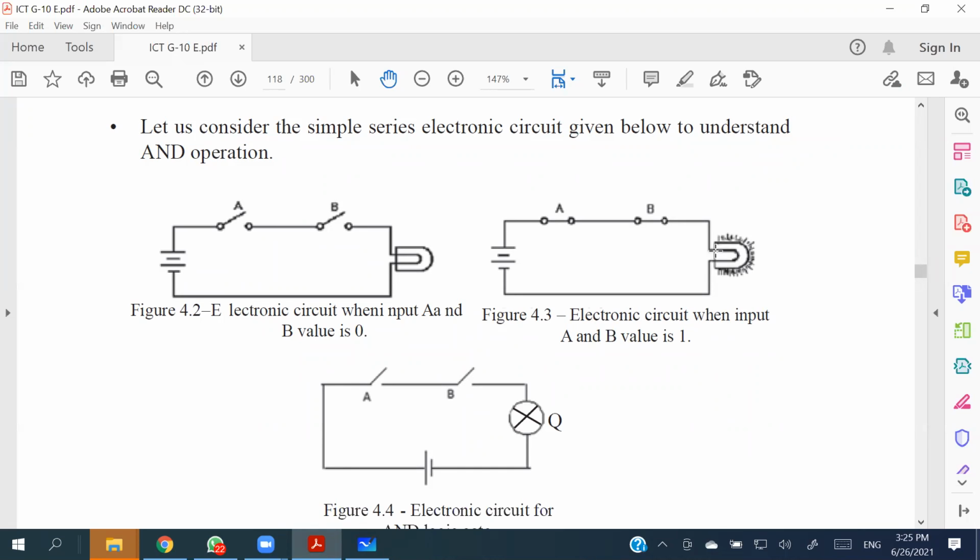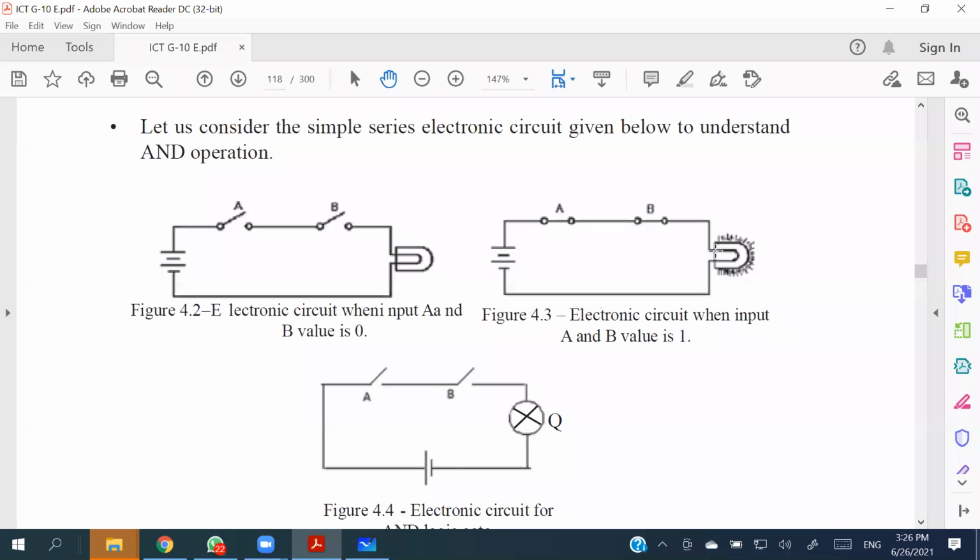So when A and B both are open, the bulb is not going to light up. If any one of the switches is in the closed position, still the bulb is not going to be on. A closed and B open, it's not going to light up. If B is closed and A is open, still it is not going to light up.